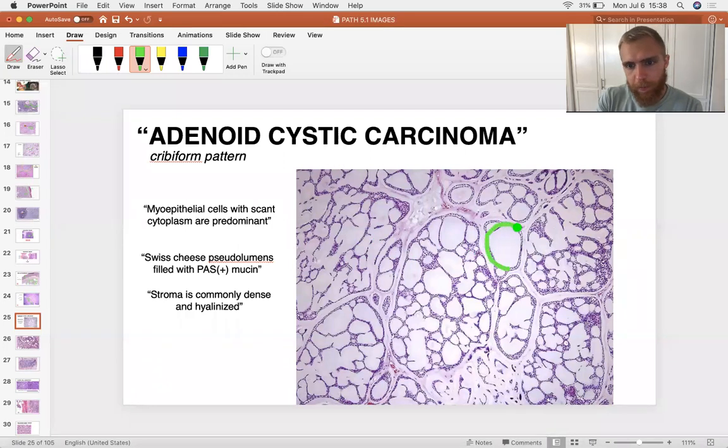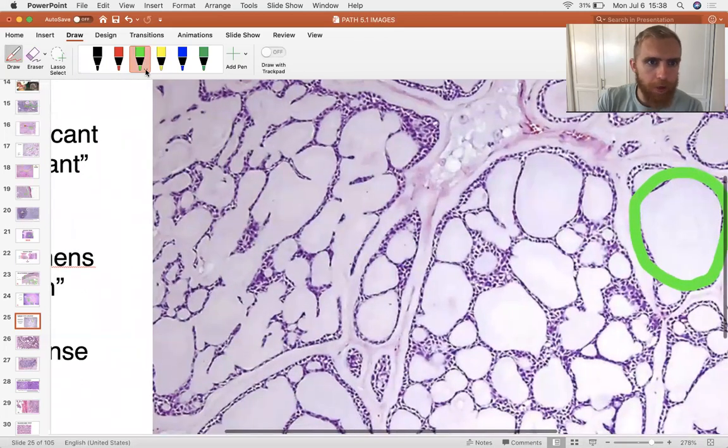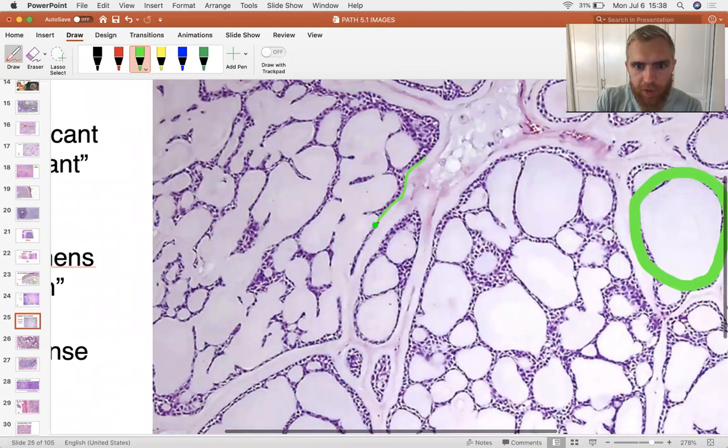here's the cystic part. I mean, geez, there's nothing there. And can you see why they call it Swiss cheese pseudolumens? Yes. So it also mentioned the stroma is commonly dense and hyalinized, and by that we're referring to the area in between cells. So I'm kind of trying to outline the stroma here, like that.